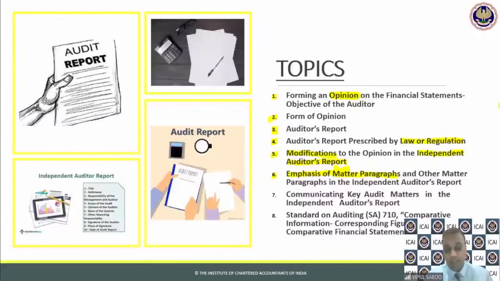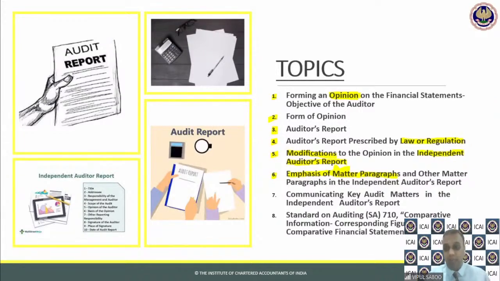In the same manner, in the auditor's audit report, there is this emphasis of matter paragraph where the auditor wants to bring it to the attention of the management. He wants to emphasize whatever is written in that paragraph.